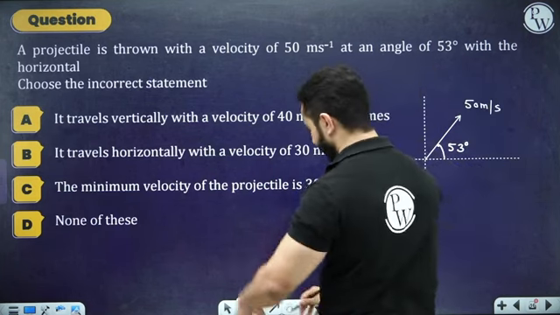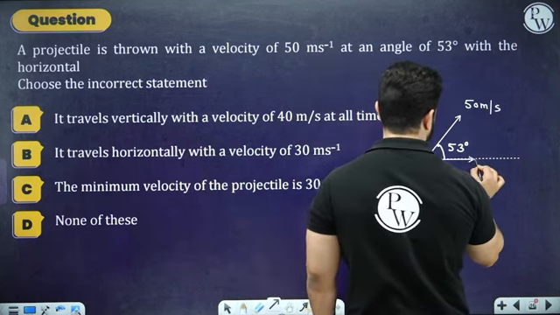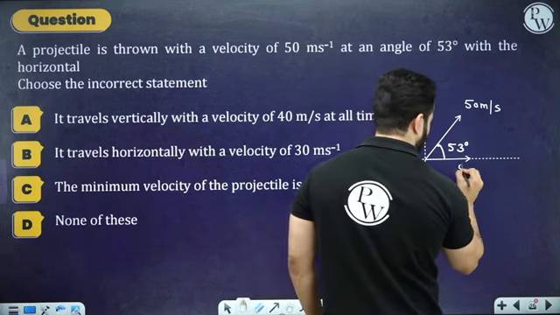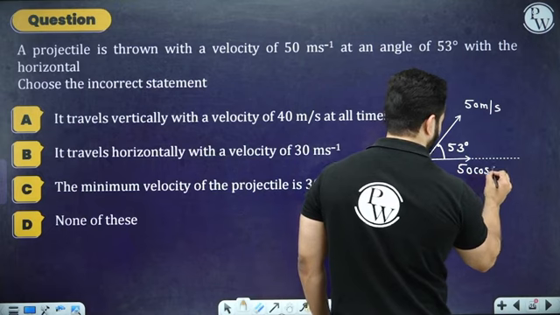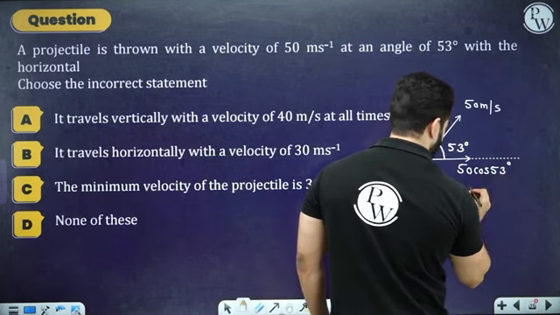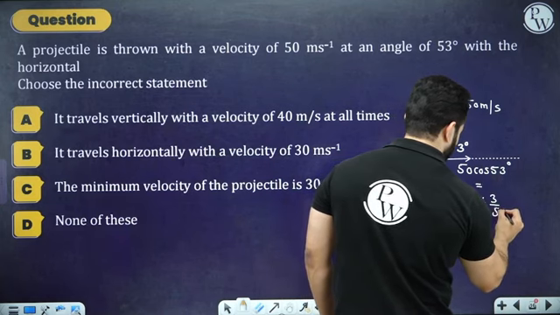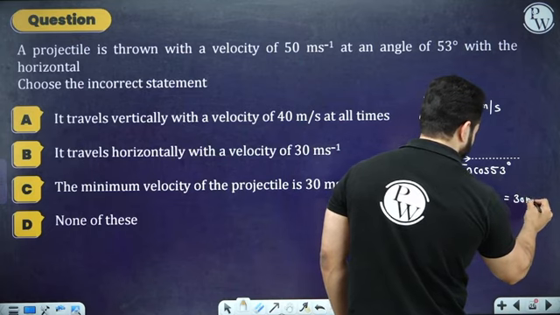And I can see they are talking about vertical and horizontal components. So this is going to be nothing but 50 cos 53. Cos 53 is 3 by 5. So this is 30 meter per second.